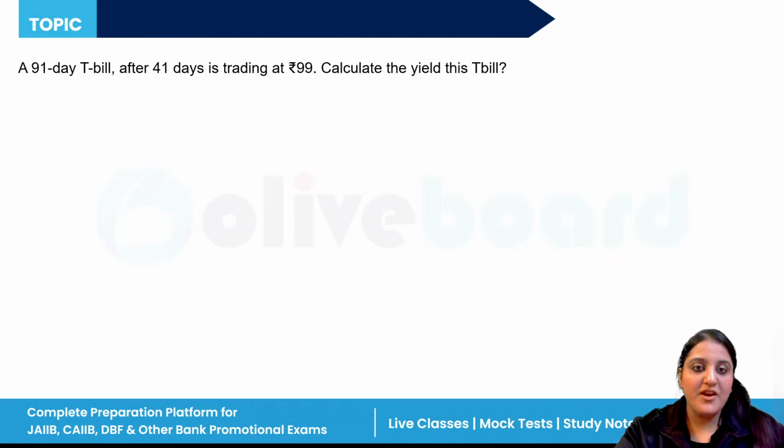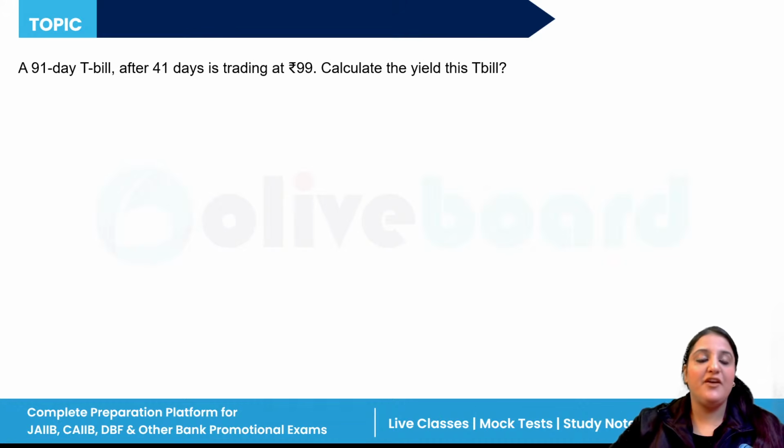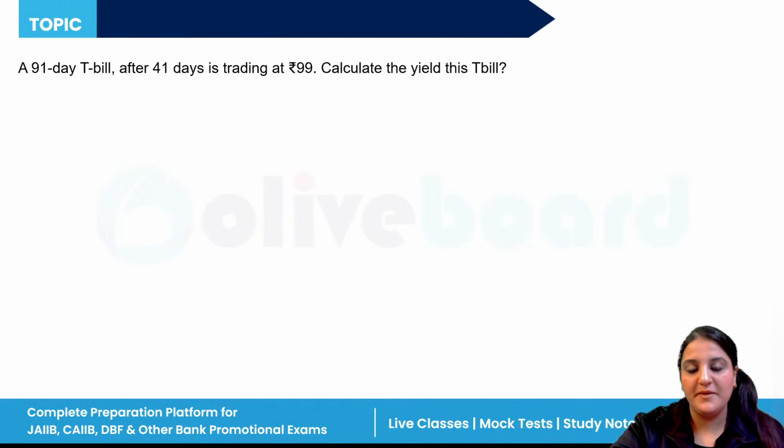T-bills, or treasury bills, are short-term government debt securities which are considered a very safe investment because they are backed by the full faith and credit of the issuing government. So this is one of the safest things.